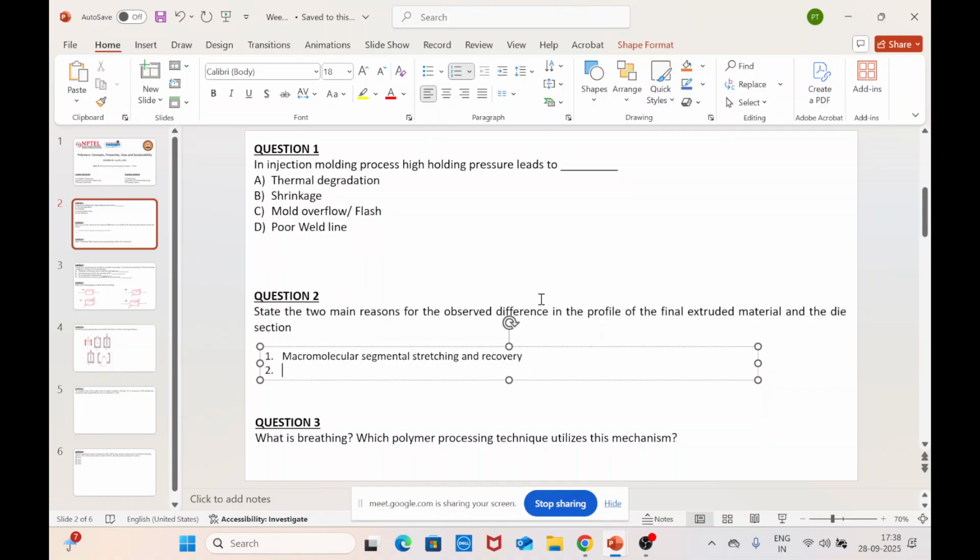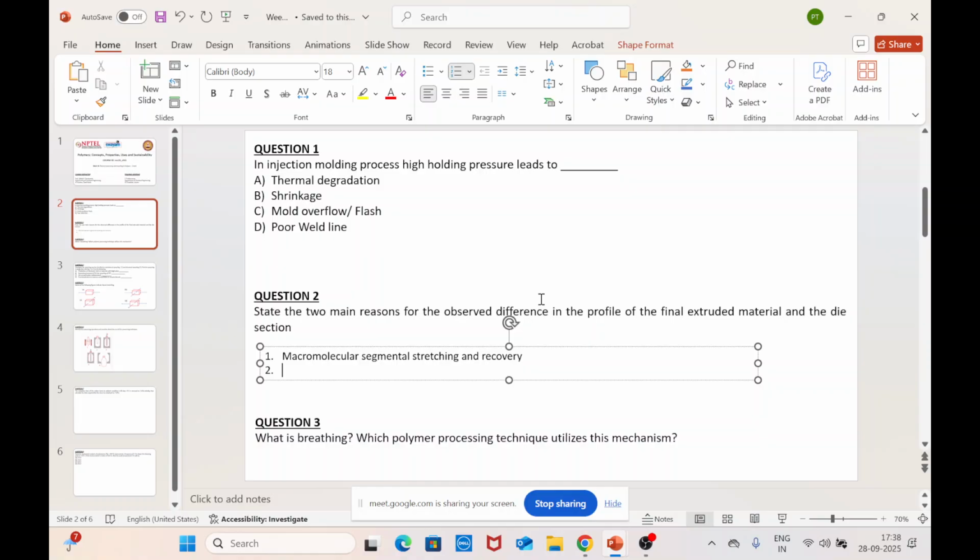This is something unique to polymers, because in the case of other molecules you may not observe something like this, but in the case of a macromolecule, because of the segmental motion or mobility that it exhibits, this segmental stretching and recovery is possible.